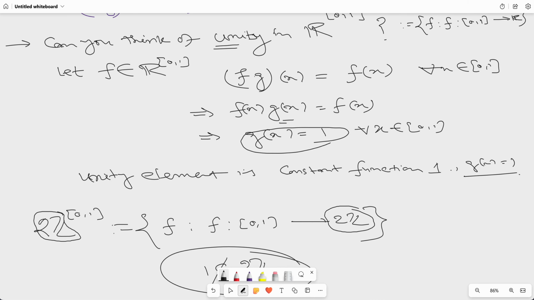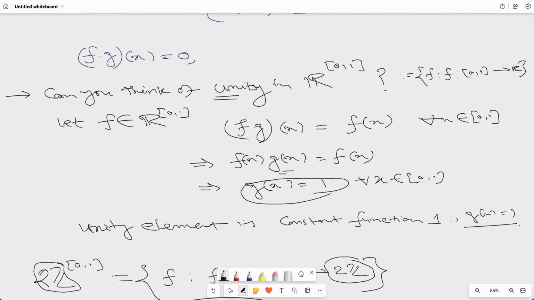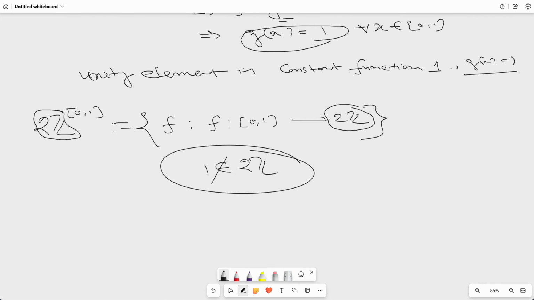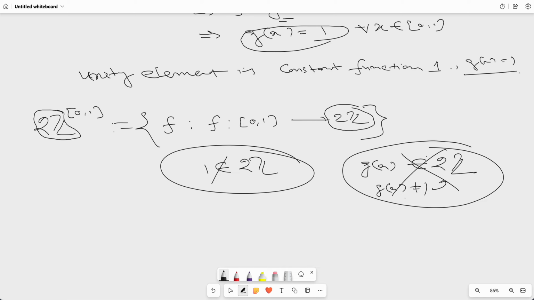If your ring does not have any unity, suppose R has 1, this ring has unity, then you are only able to find the unity. Otherwise, you cannot, because you have to choose g(x), and g(x) should land into 2Z. But for 2Z there is no 1 at all, so you cannot choose g(x) to be 1, because it should land into here. So it is not possible at all.